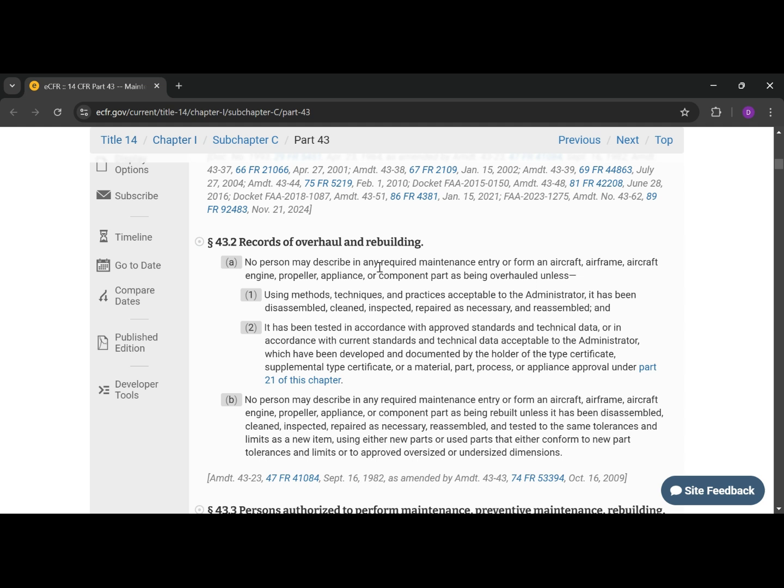No person may describe in any required maintenance entry or form an aircraft, airframe, aircraft engine, propeller, appliance, or component part as being overhauled unless, using methods, techniques, and practices acceptable to the administrator, it has been disassembled, cleaned, inspected, repaired as necessary, and reassembled, and it has been tested in accordance with approved standards and technical data, or in accordance with current standards and technical data acceptable to the administrator, which have been developed and documented by the holder of the type certificate, supplemental type certificate, or a material, part, process, or appliance approval under Part 21 of this chapter.